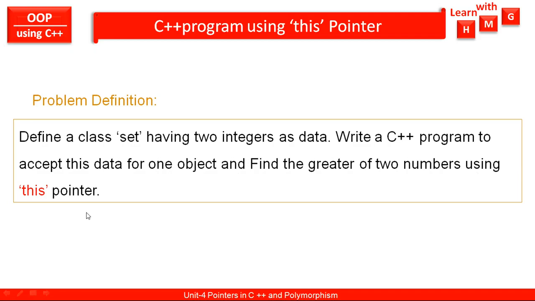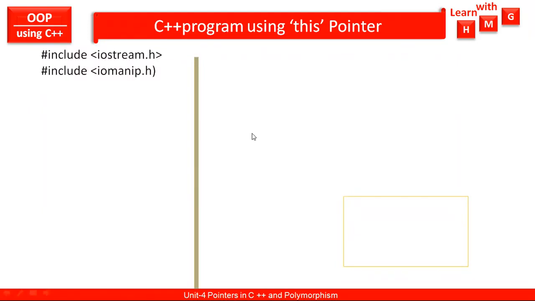So whatever concept I explained in the previous slide, now the same function I am going to use and write a complete C++ program in which there will be a class set and two integers as data members, and one member function which will find which data member is greater. Let us write a complete C++ program using the this pointer to solve this problem.